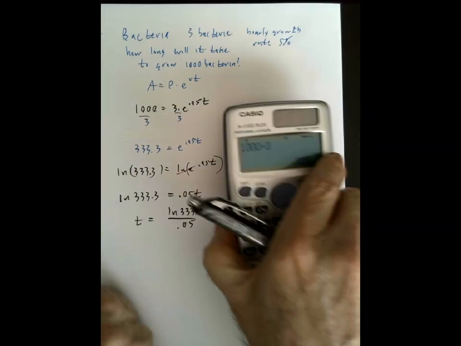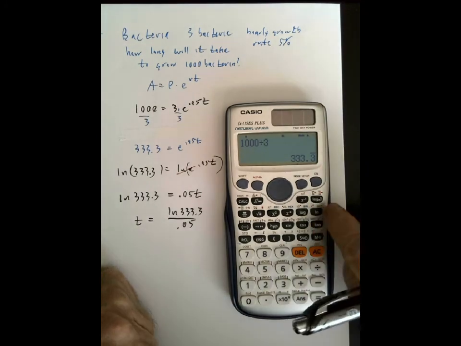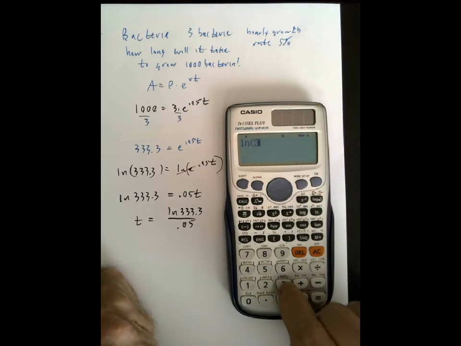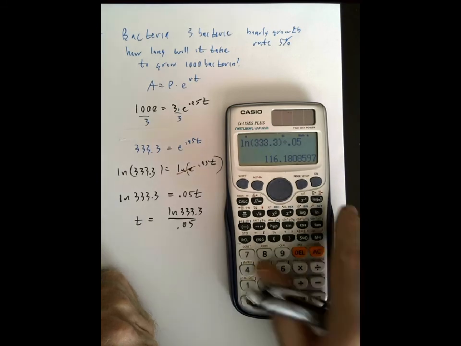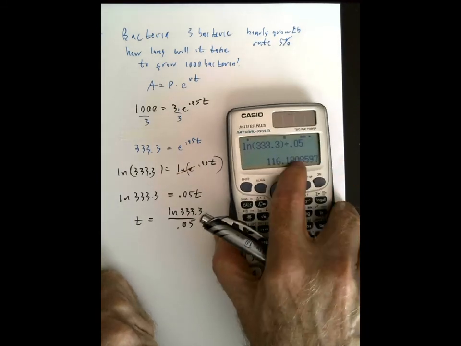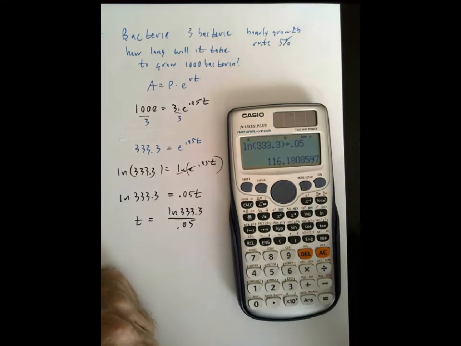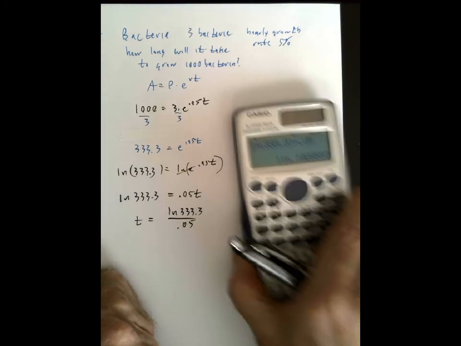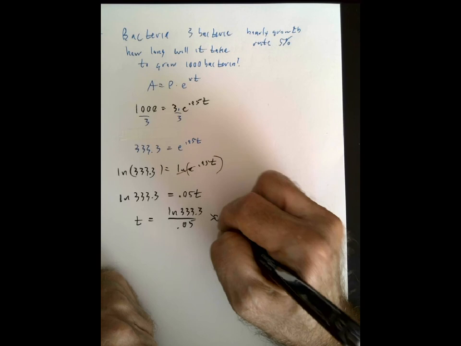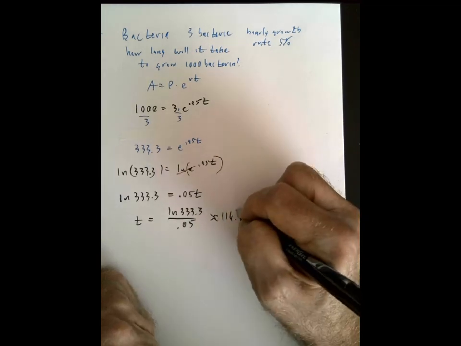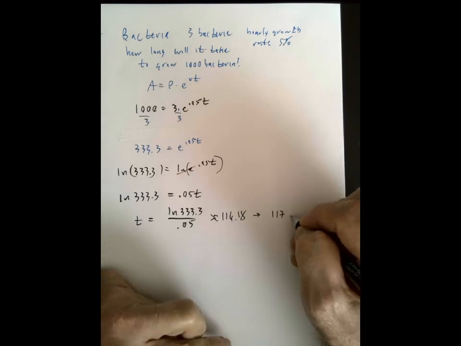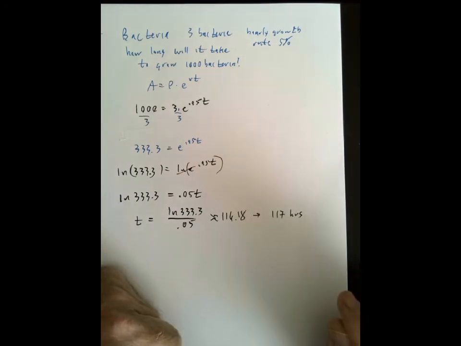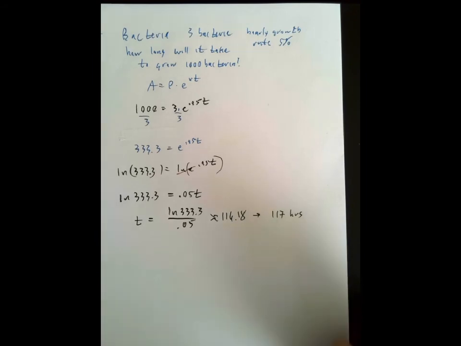So we whip out Mr. Calculadora here. ln 333.3, close parentheses, divided by 0.05, that is 116.18, which we round up to about 117 hours, because again, bacteria come in whole units. Okay, so that's example 5.